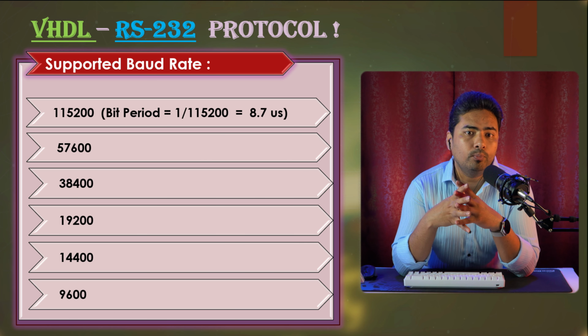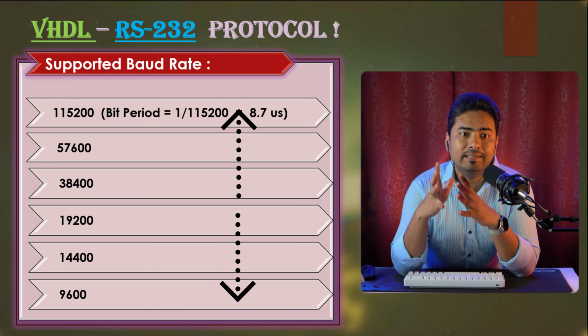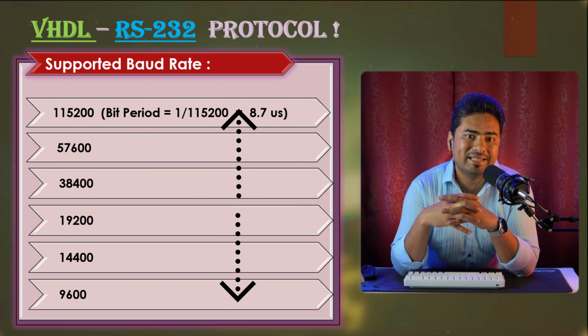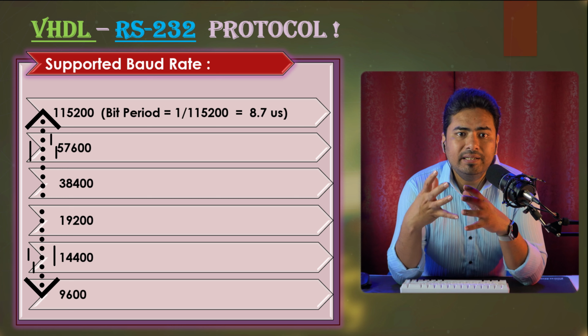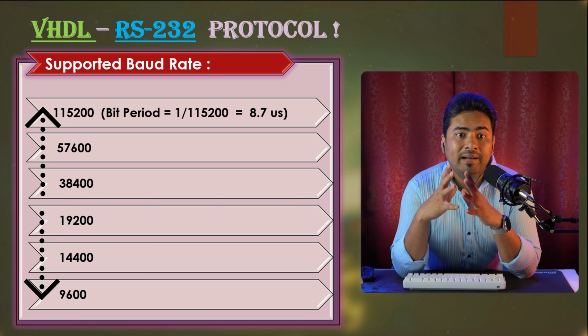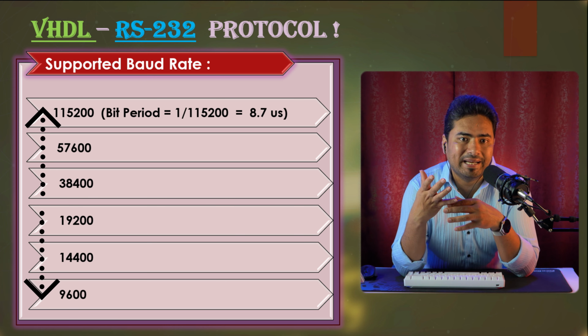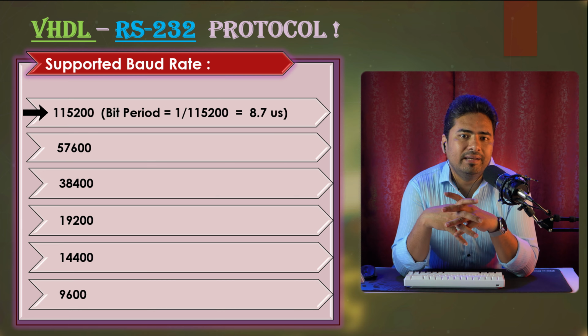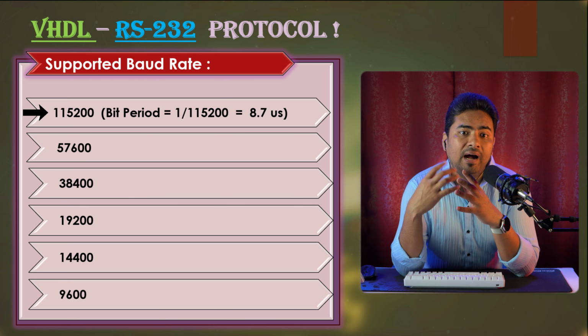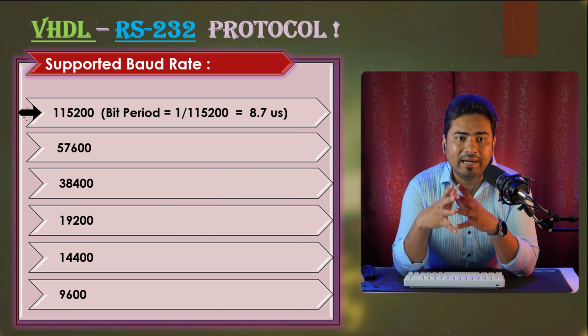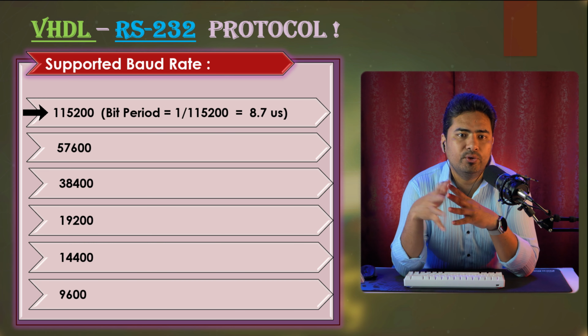And RS232 protocol supports these listed baud rates or bit rates, you can say. These listed numbers are the number of bits that can transfer within 1 second. So you can see that this top one has the highest baud rate, and that is 115200.